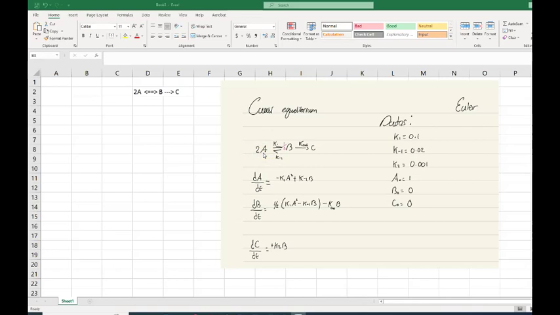Now here is where this 1/2 becomes very important. For every mole of A that disappears, at least 1/2 mole of B should be there. That's why you divide by 2, and you get the 1/2 here.